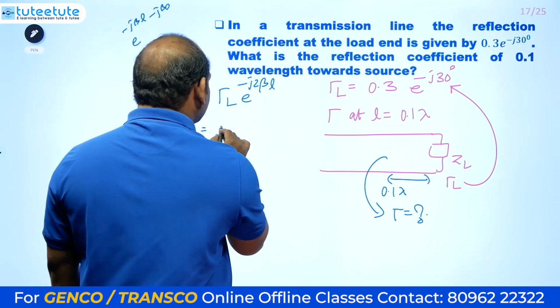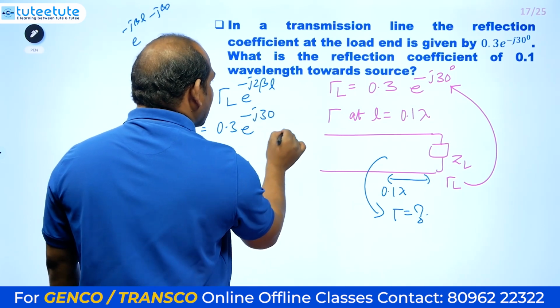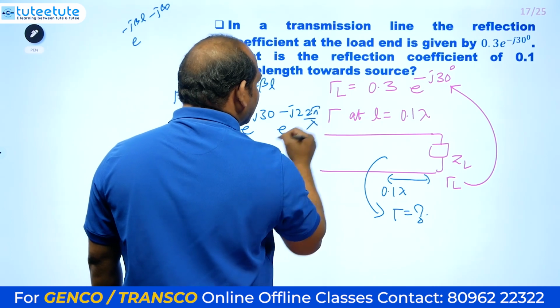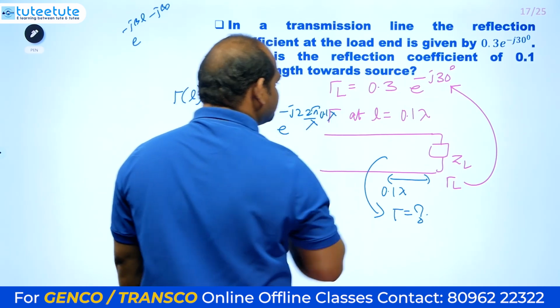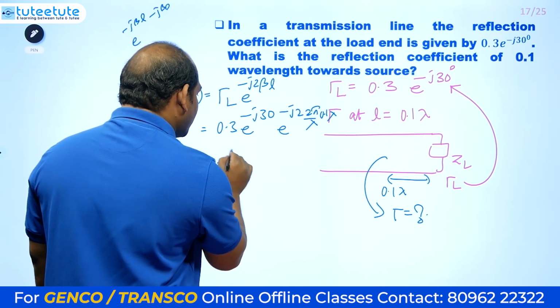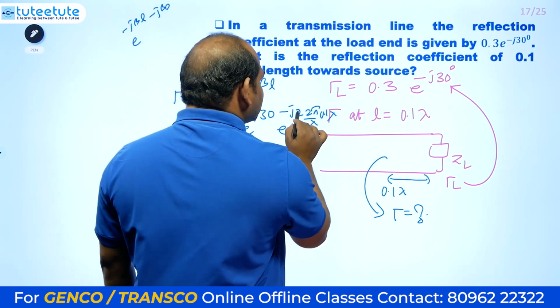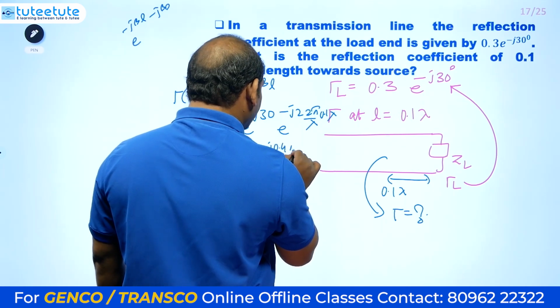They have given 0.3 into e power minus j30, and e power minus j 2 beta L, where beta is 2 pi by lambda into L. L is 0.1 lambda, so lambda cancels. This is 0.2, that means it is 0.4 pi.